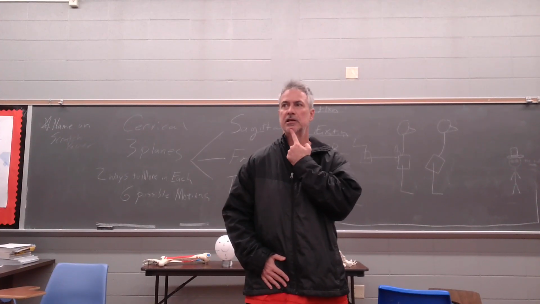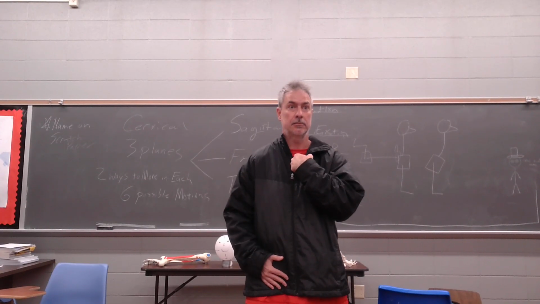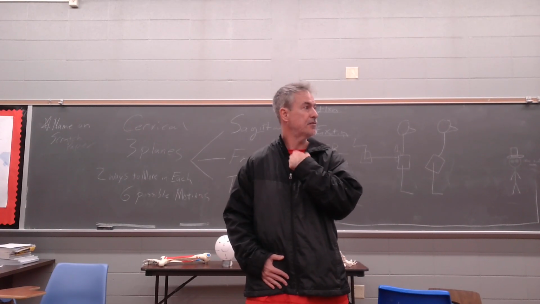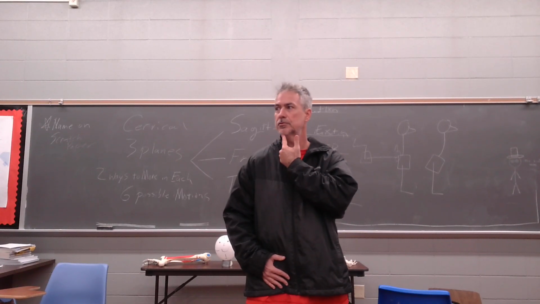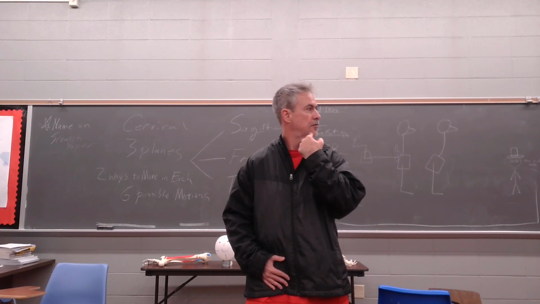When my chin is to the right side of my chest, I'm right transverse rotated. And when my chin is to the left side of my chest, my sternum, I'm left transverse rotated. Right transverse to, right transverse from, left transverse to, left transverse from.